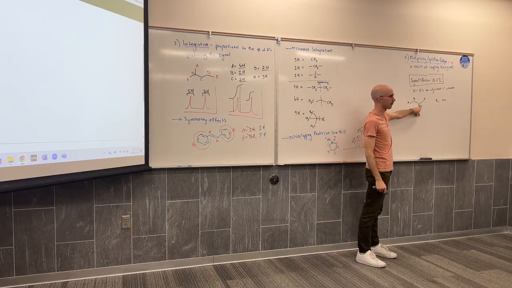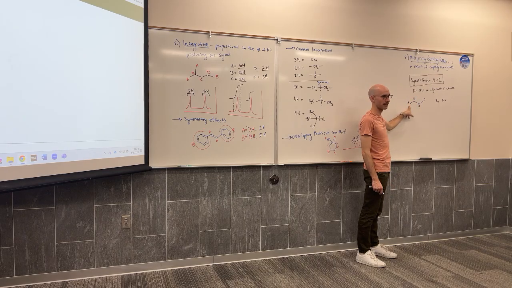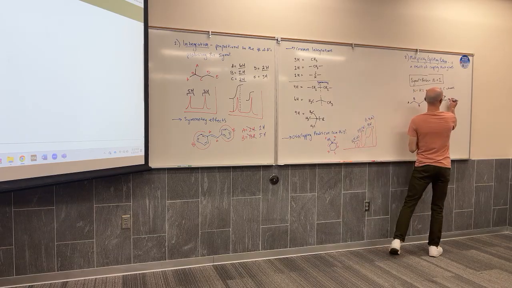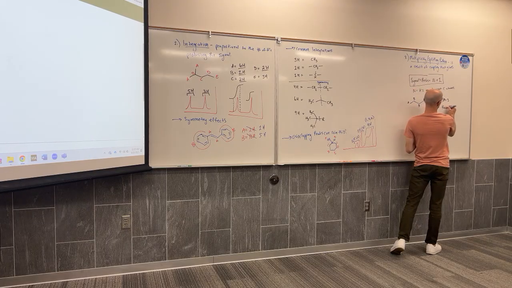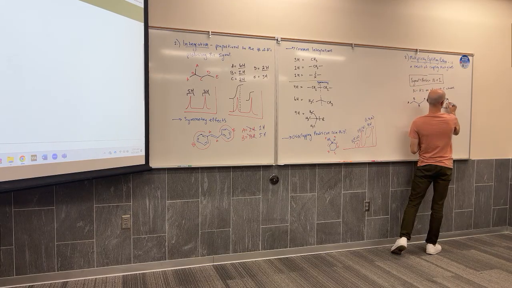These hydrogens to the right are B. They don't couple. They're identical. But these hydrogens to the left are neighbors. They're not identical to the B hydrogens. So signal B is produced by hydrogens with 3 neighbors. That means this signal, the number of peaks, is 4.